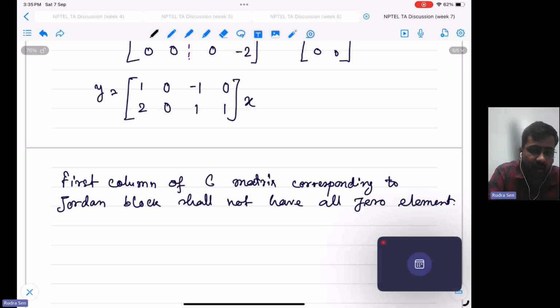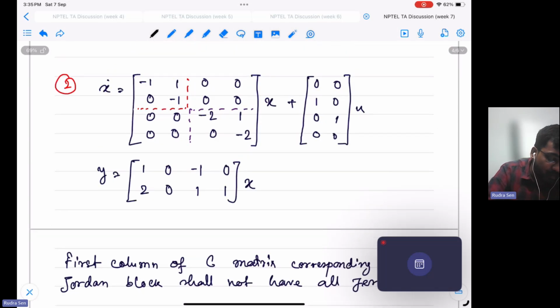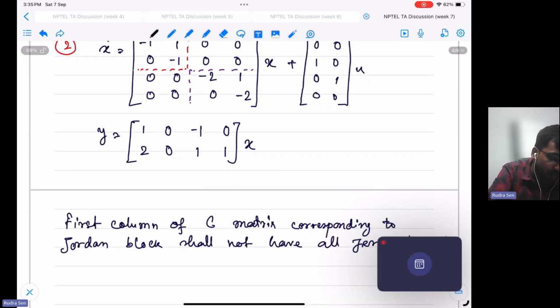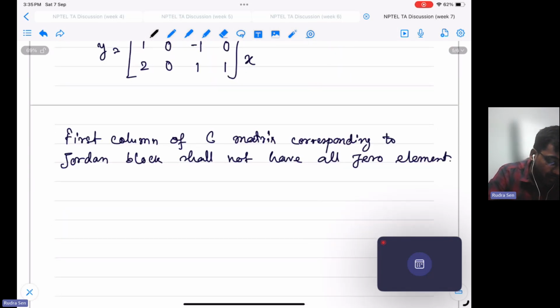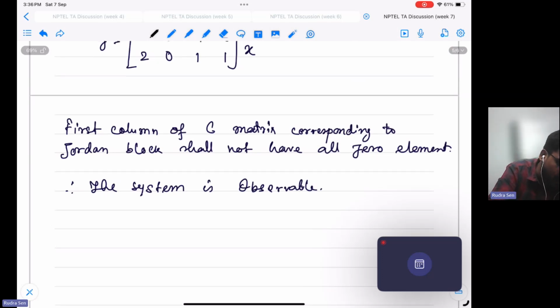That means all elements shall not be zero. It might be that one term is zero, another should be one or two or non-zero, any term. So the first column corresponding to every Jordan block should be non-zero. Since this condition is satisfied, the system is observable or state observable.